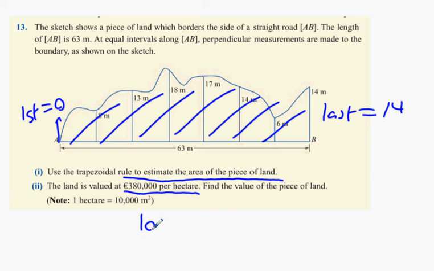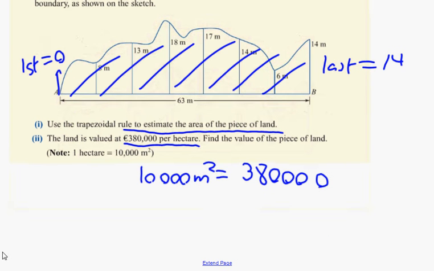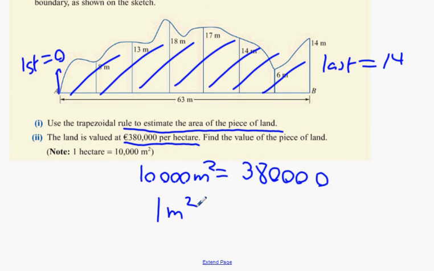So 10,000 meters squared is worth 380,000. You have to find out how much 1 meter squared is worth. So divide both sides by 10,000, yeah? So a meter squared of land will be worth, was it 380 quid? Take away the 4 zeros. Actually, no, sorry, 38 quid.